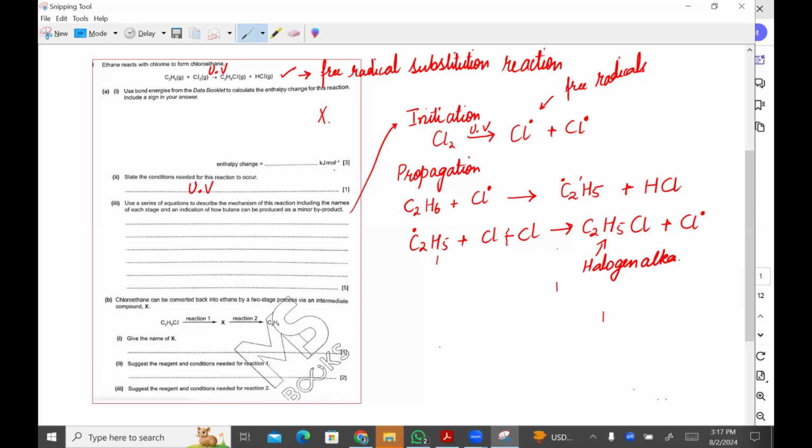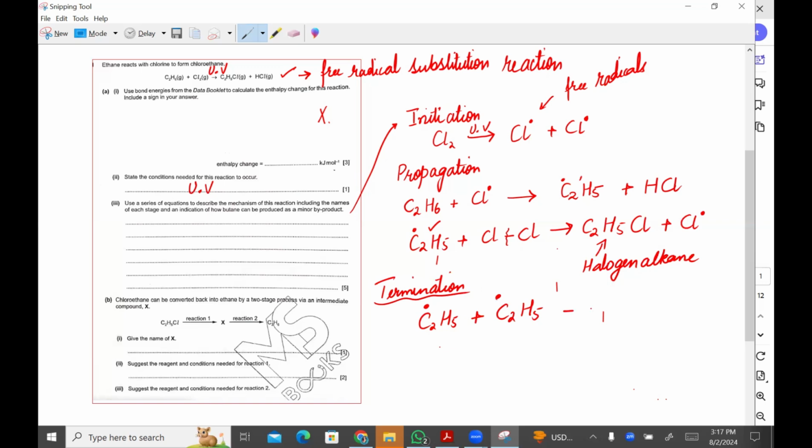Okay. And now what is going to happen? This C2H5 molecule, we know this is a free radical, in the last step, the termination reaction. Always remember one thing in the termination reaction, the radicals are going to combine. So we have this radical, and it is going to combine with the same radical.